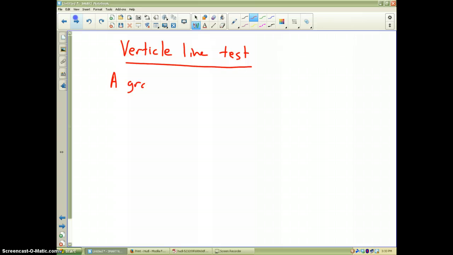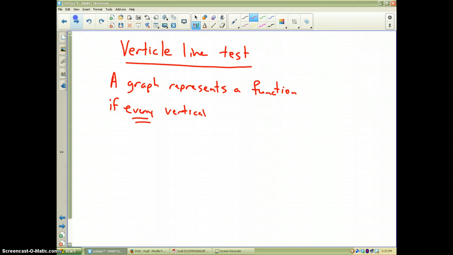A graph represents a function. Please write this in your notes. A graph represents a function if every vertical line, I think I spelled vertical wrong up here, I apologize, we'll rewrite that.